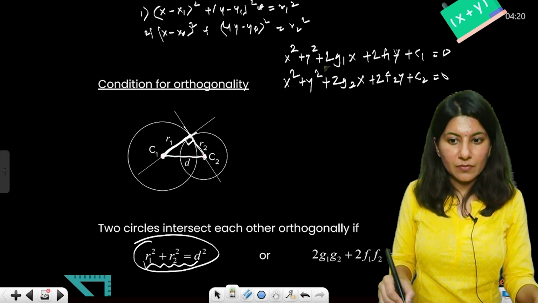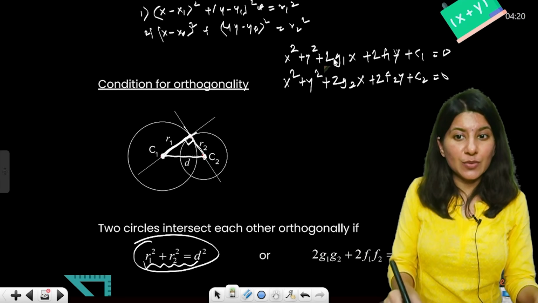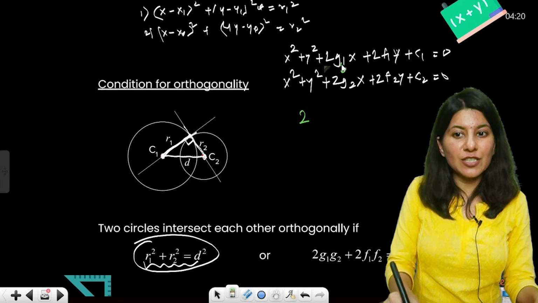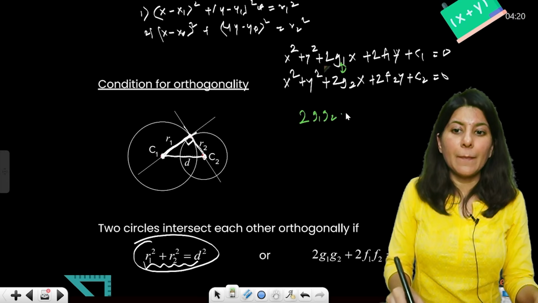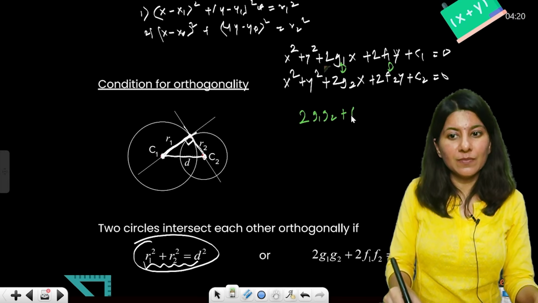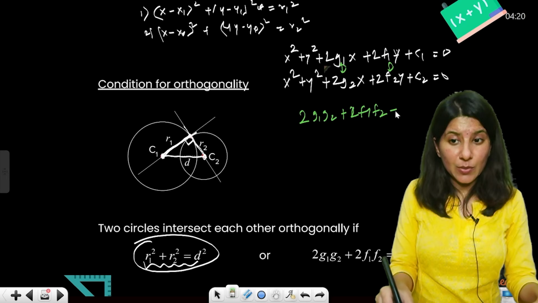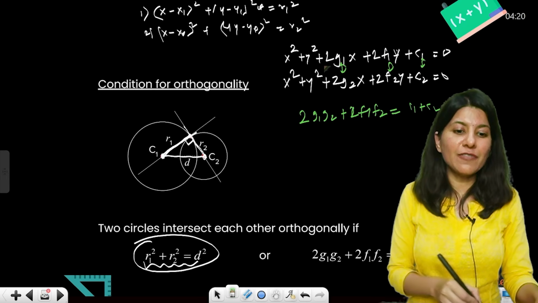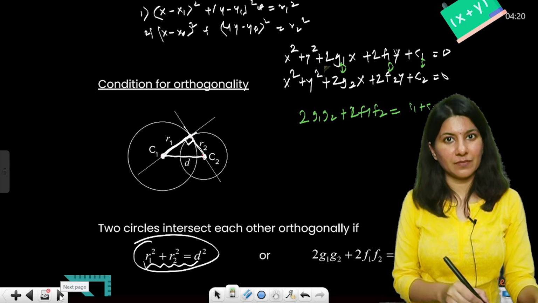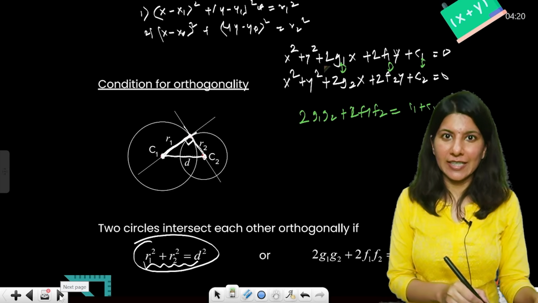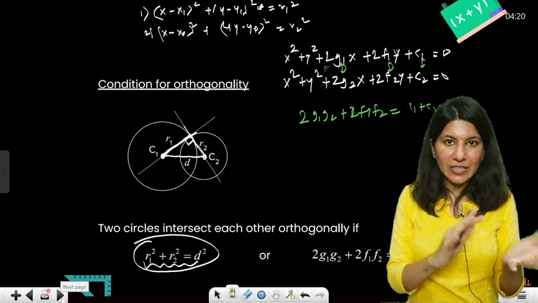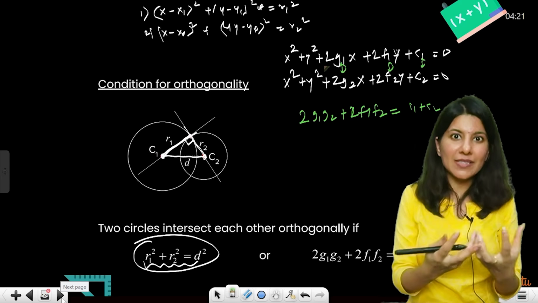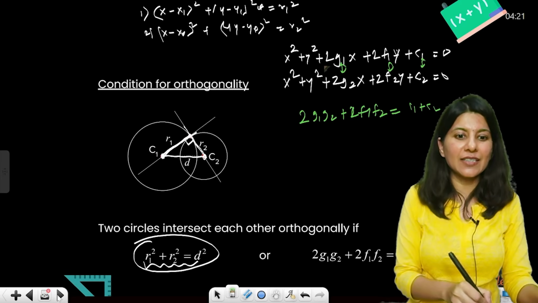Now, 2g1g2 plus 2f1f2 equals c1 plus c2 will give you the condition of orthogonality. Okay, all right. So whatever the form is given to you, you can apply that condition.